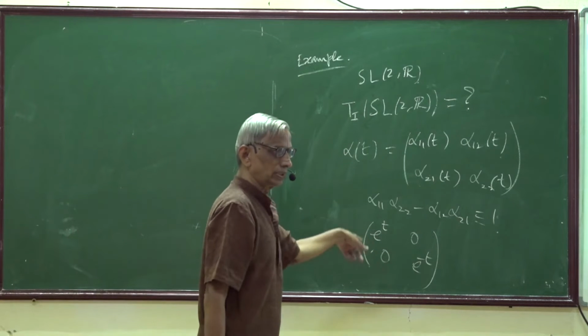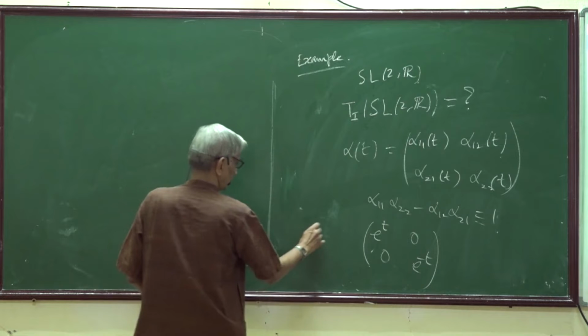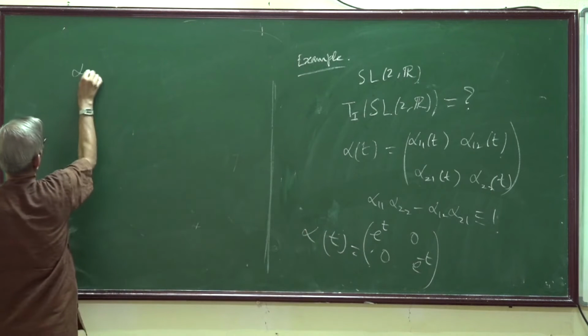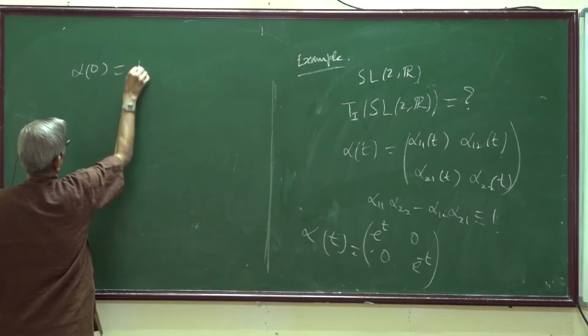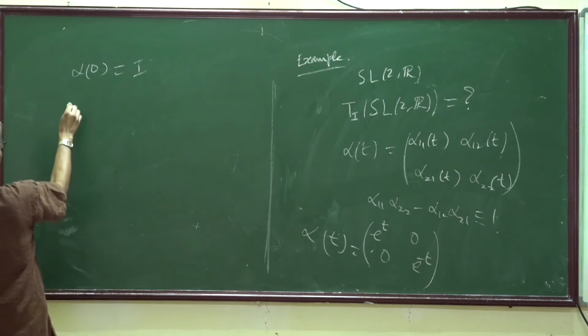The determinant is 1. What is alpha 0? So this is your alpha t. Alpha 0 is the identity matrix. What is alpha prime 0?